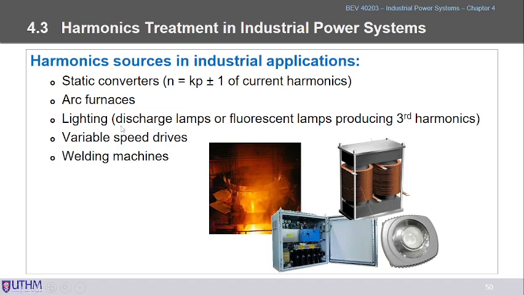And lighting, especially if you are using discharge lamps or fluorescent lamps, as we normally see in our production line, will produce especially the third order harmonics, which are the unwanted harmonics, because this third order harmonic will penetrate into our neutral system.